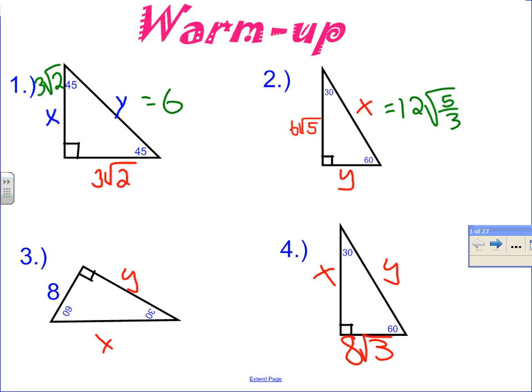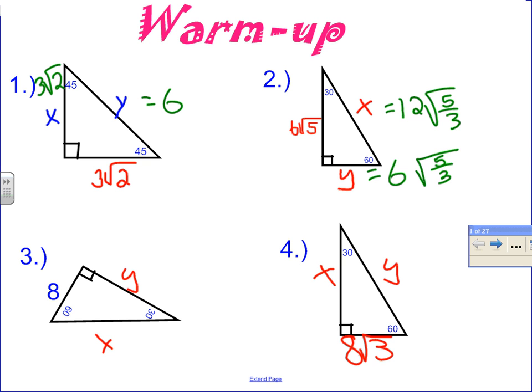Doing it that way, what did you get for Y? Neil? Okay. Greta? Yep, 5 over 3. Yep, good job.